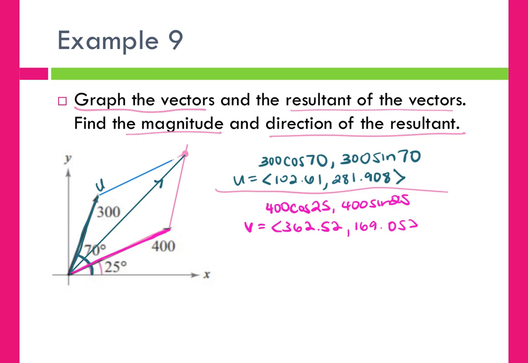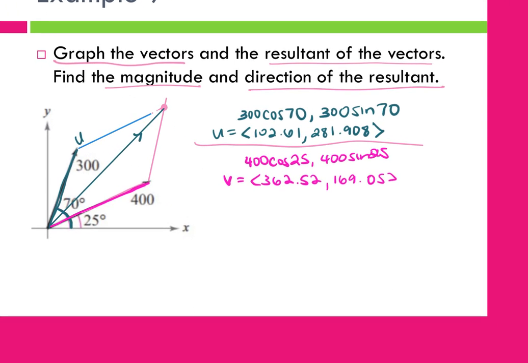So to find the component form of the resultant vector, we add these together. So I'm going to add the two change in x's, 102.61 plus 362.52.